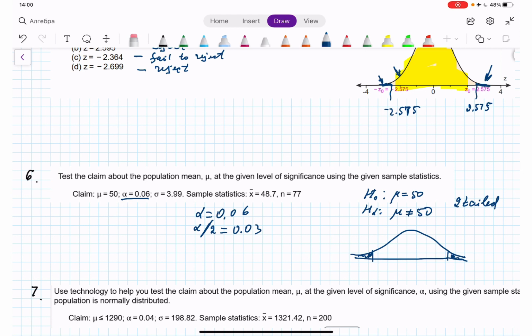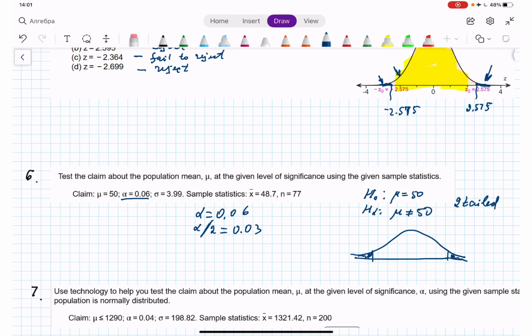Okay, all right. So next we are going to find the critical value. We need to find the standardized test statistic first. The standardized test statistic is the z-score statistic that we calculate from the given information in our word problem.